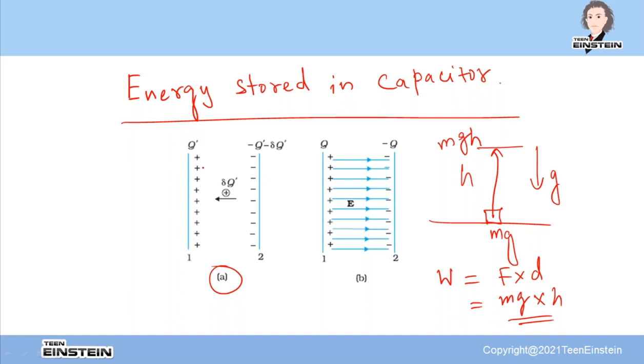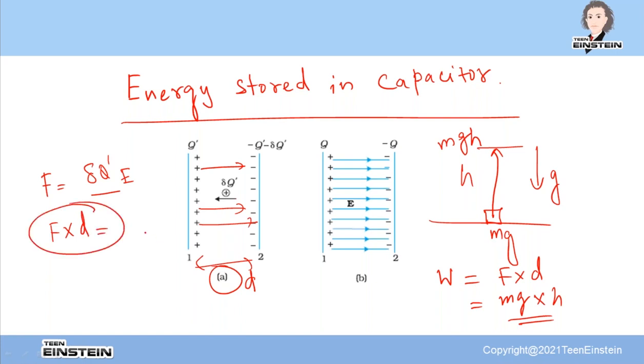That force will be delta q prime into E, the electric field. If the distance is d, then we are working against this force. This work done will be stored in this capacitor as potential energy, which is called electrostatic potential energy.